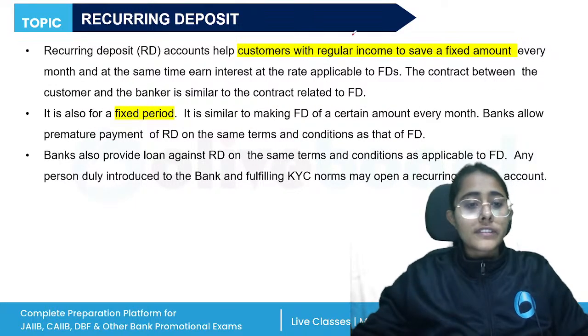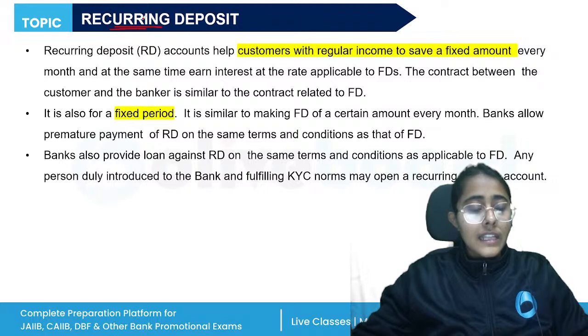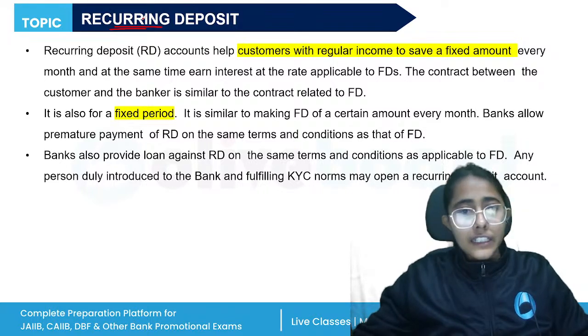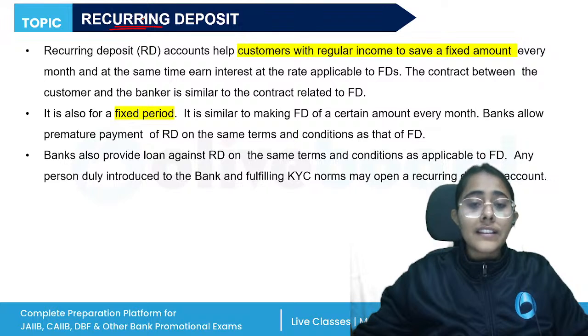Another type of deposit is the recurring deposit. This is basically for the salaried individuals if they want to keep a certain amount of the regular salary in the fixed deposit. So it helps the customers with regular income to save a fixed amount every month and at the same time earn the interest as applicable to the fixed deposit.